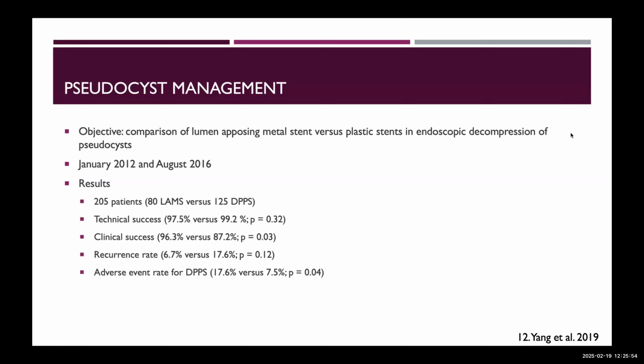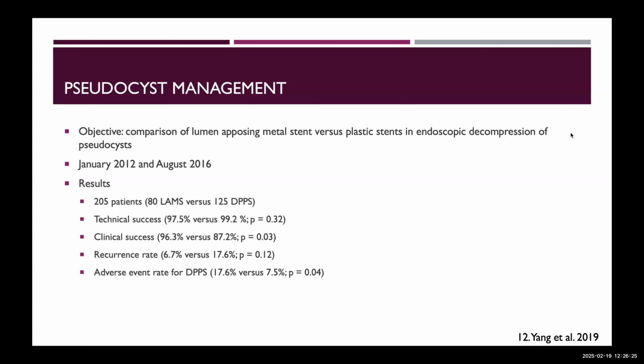You can imagine if there's any sort of necrotic debris inside the pseudocyst cavity itself or the walled-off necrosis, that's less likely to cause occlusion. And lastly, there's a higher rate of adverse events with double pigtail plastic stents. So just going through the procedure itself, you can understand that at any step of the way, some of these things can go wrong at the outset, and at the same time, it can cause issues with regards to stent occlusion, migration, and so on and so forth because of the caliber of the stents themselves.